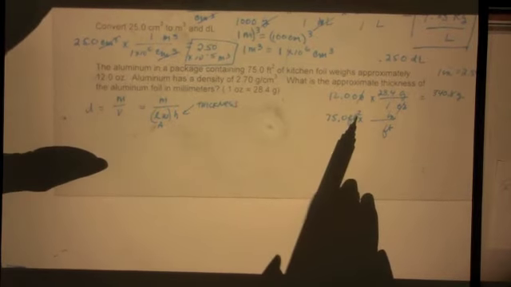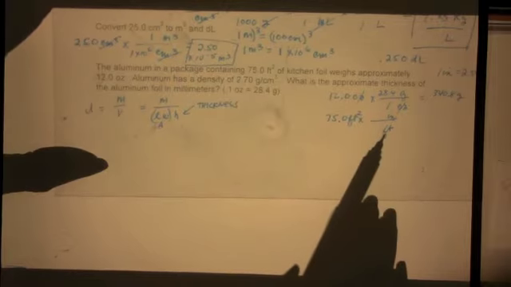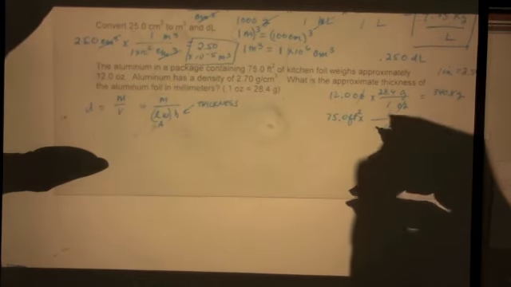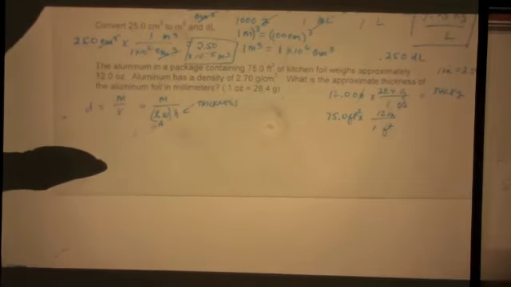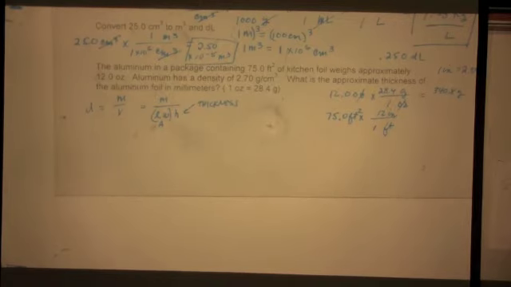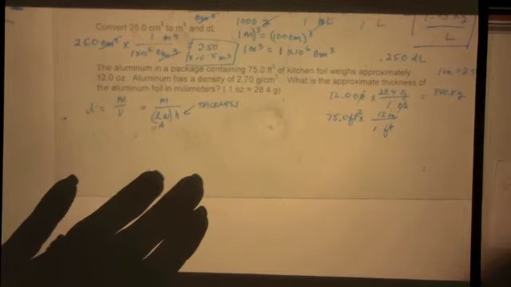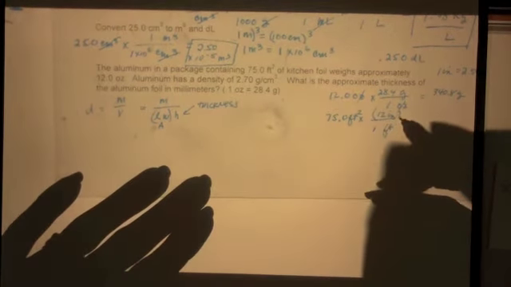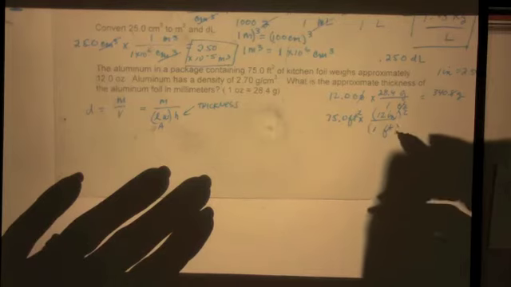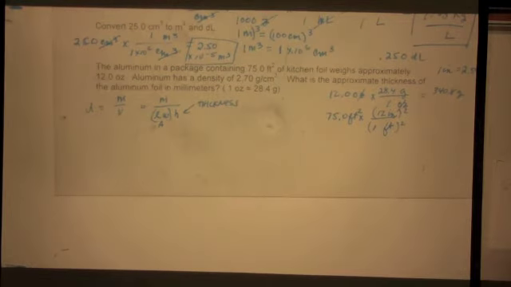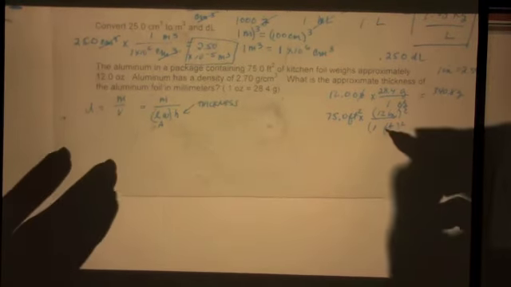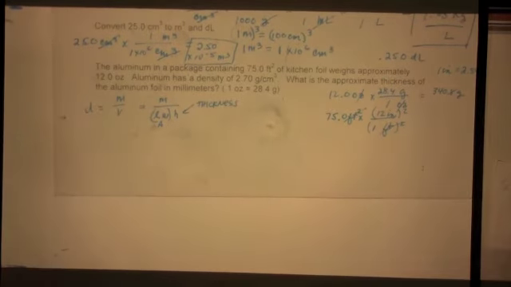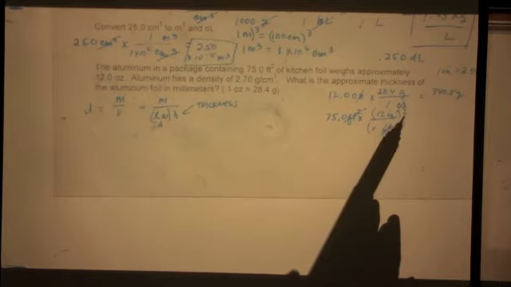This is square feet. I only know that 1 foot is 12 inches. What are we going to have to do to these values in order to get them to be squares? Yeah, you're going to have to square that and square the denominator also. That will cancel the square feet, and it will change it to square inches.